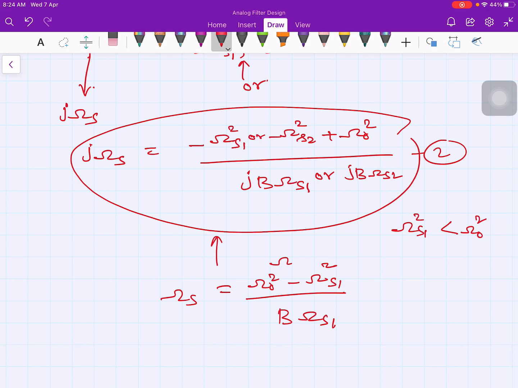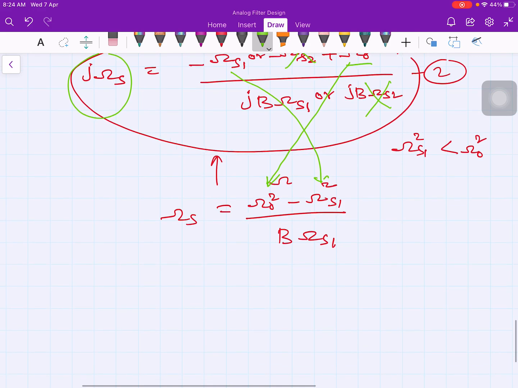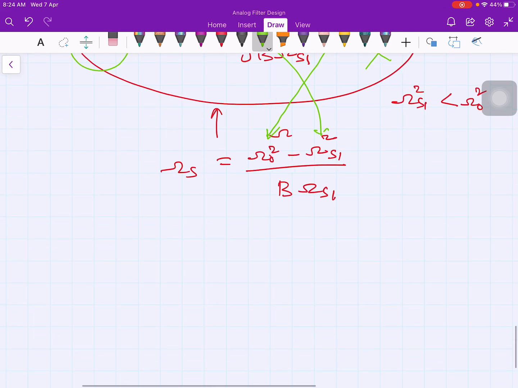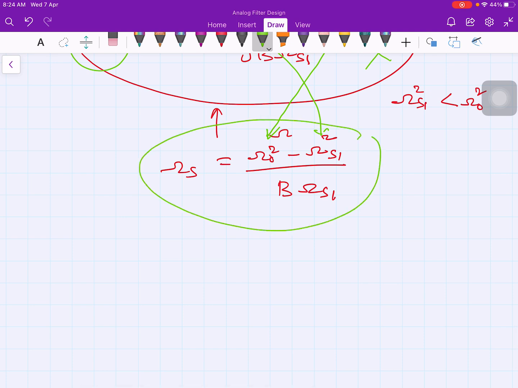In the numerator I did not consider omega s2, in the denominator also I did not consider omega s2, because I need a positive quantity. If you want a positive quantity, then I need to consider omega s1 square, because this omega s1 square is less than omega naught square. So this omega naught square has come over here and this one has come over here.